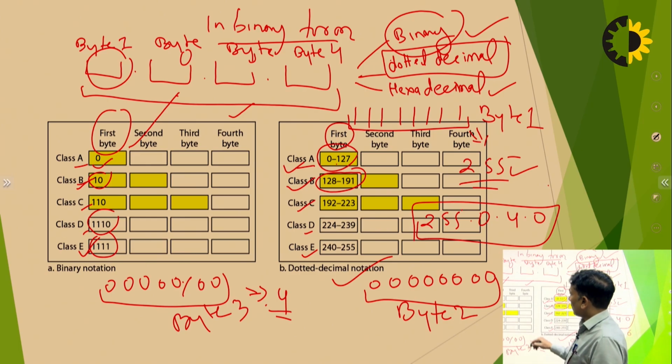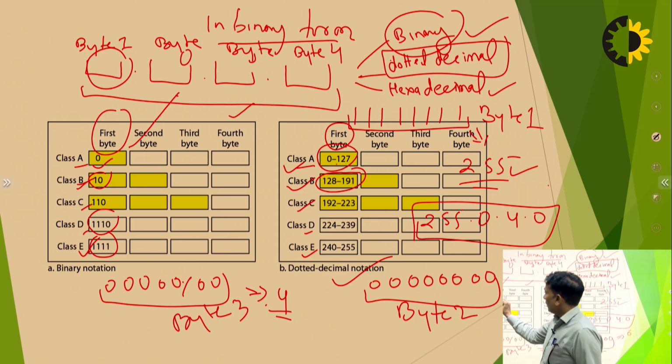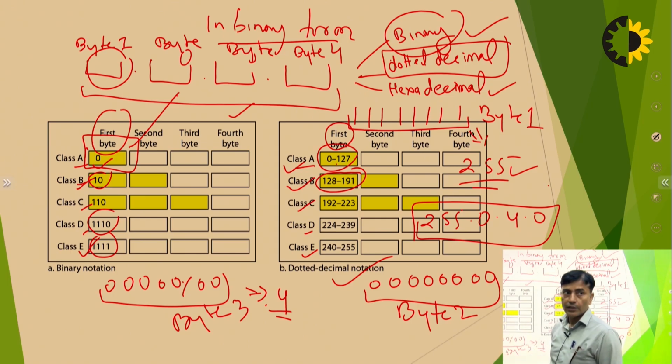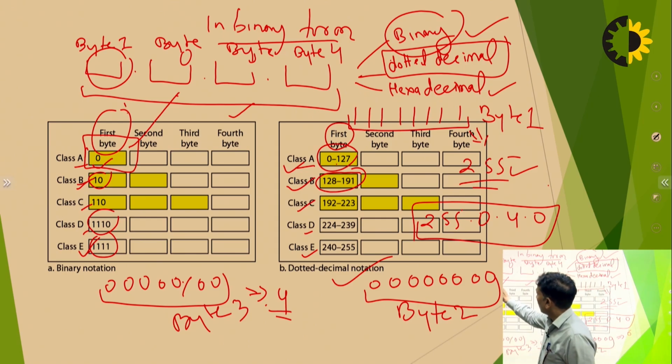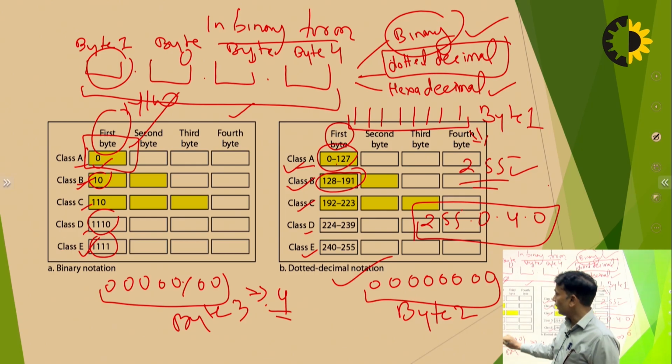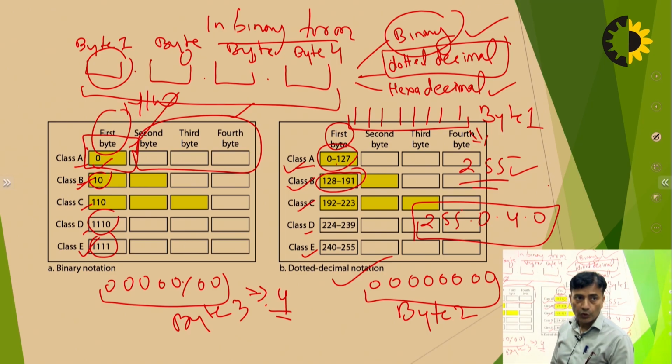Now, we talk about class A. In class A, only the first byte is used for the network ID. The first byte is reserved for the network, and the remaining 3 bytes, 24 bits, are reserved for the host. What does it mean?